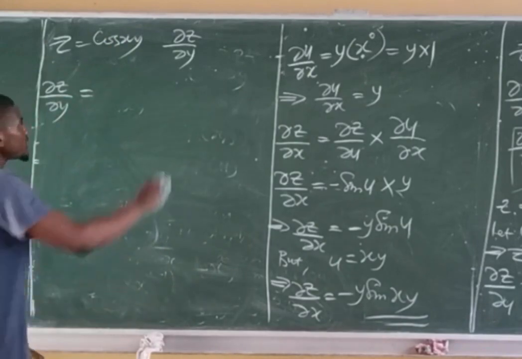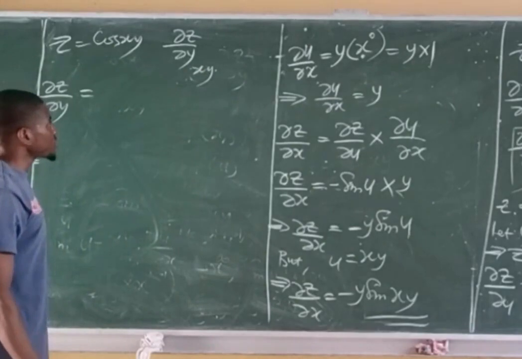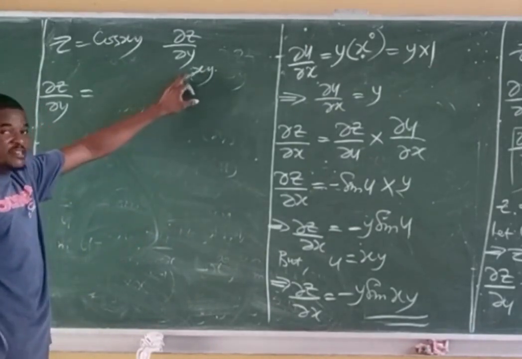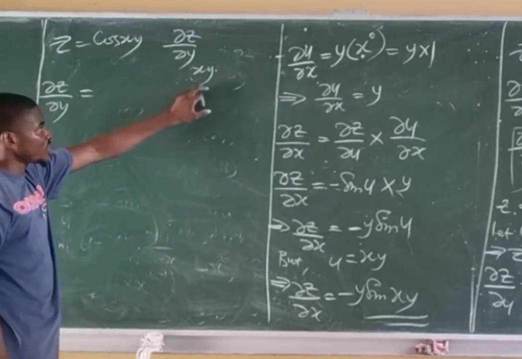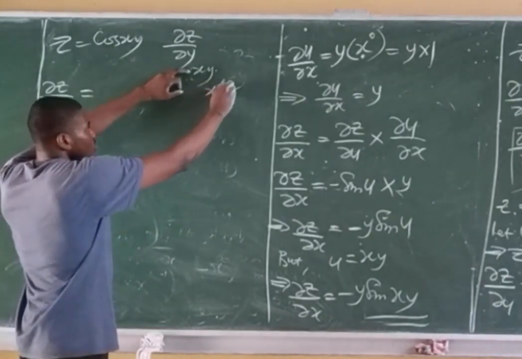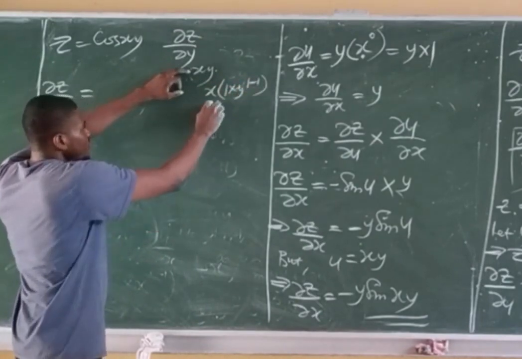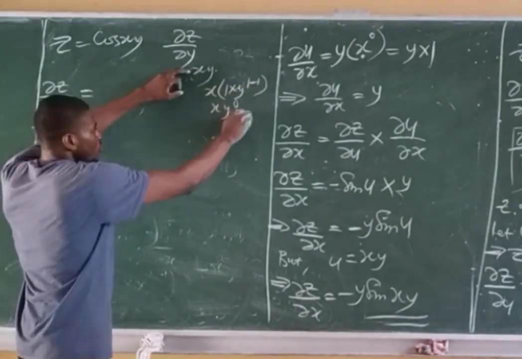The angle is simply xy. If I'm differentiating with respect to y, I'm going to hold x as constant, then y will change. So if I hold x as constant and differentiate y, this is 1 times y to the power of 1 minus 1. And this will give me x times y to the power 0, which is also x.